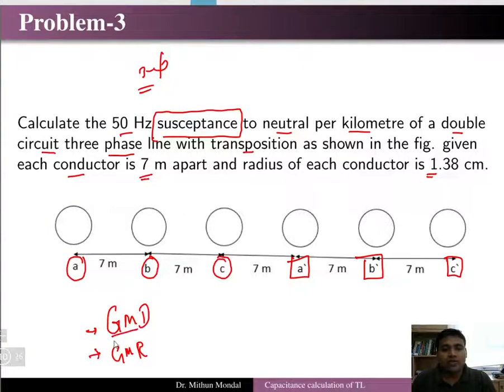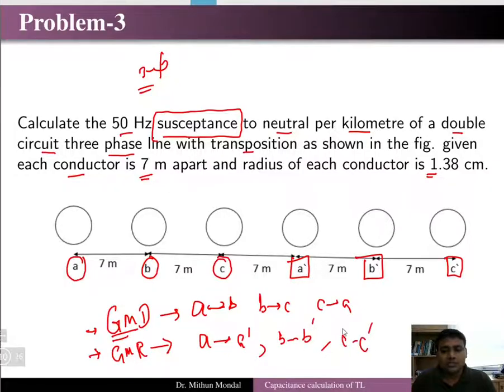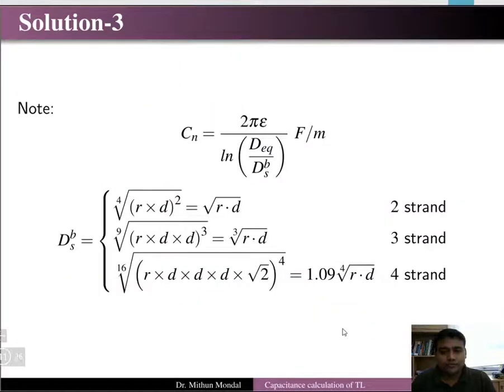When we are calculating the GMD, the calculation will be the distance between A to B, between the phases, the distance between B to C and the distance between C to A. When we are calculating the GMR, we are basically calculating between the phases A dash, B dash and C dash. So let us see the solution.